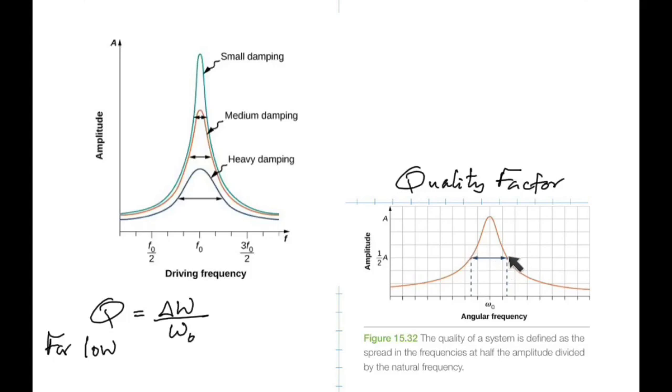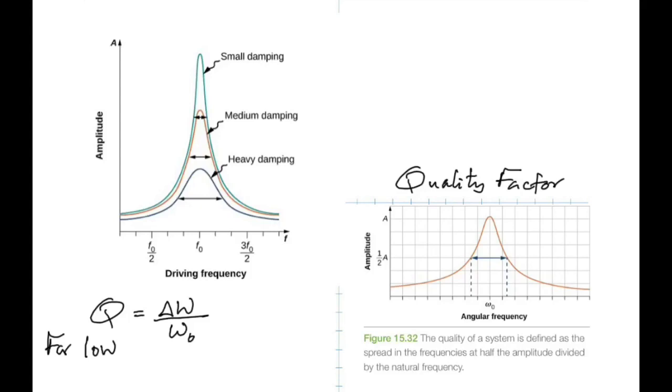What about here? So on the lower side and on the upper side, you have half the amplitude. If you take the difference in frequencies between the two, what you get is delta omega. If you divide delta omega by the natural angular frequency, you will get the quality factor. Just want you to write that down. The quality factor depends on delta omega by omega naught.